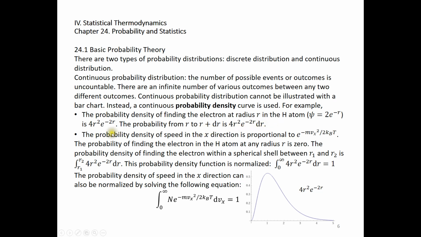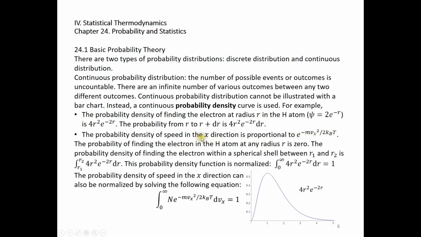Another example, the probability density of a speed in the x direction is proportional to this. This is from chemical kinetics, the kinetic theory of gas. So if you have gas particles moving around, the probability density is proportional to this, e to the power of negative kinetic energy over kBT.